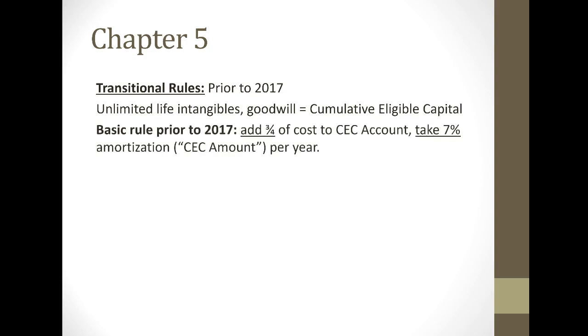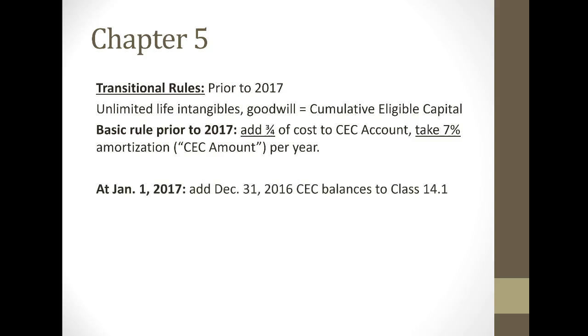The rules said that you would add 3/4 of the cost, 75%, to the CEC account, and you would take 7% amortization every year. So that is quite a bit different from the new Class 14.1. As a recap, you add 3/4 of the cost of your unlimited life intangibles or goodwill into a CEC account, and you take 7% amortization of the CEC amount per year.